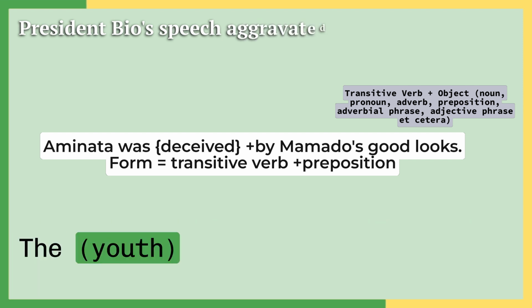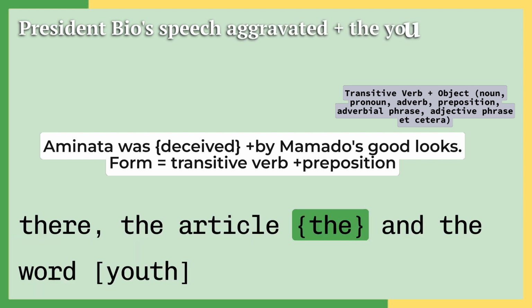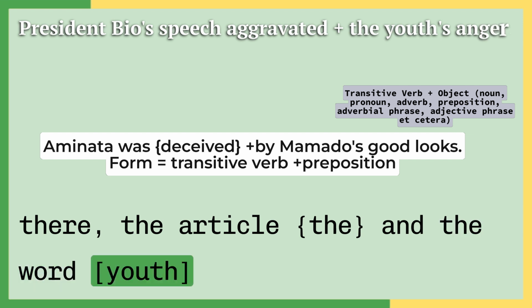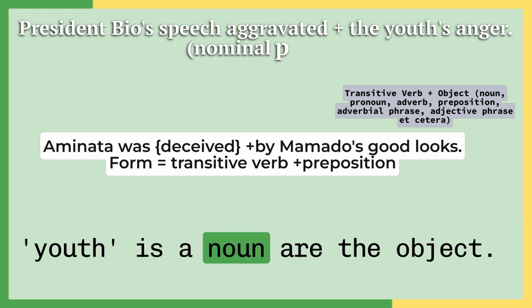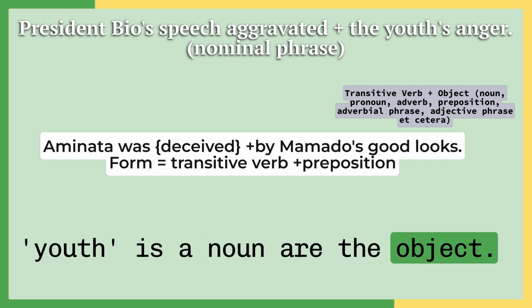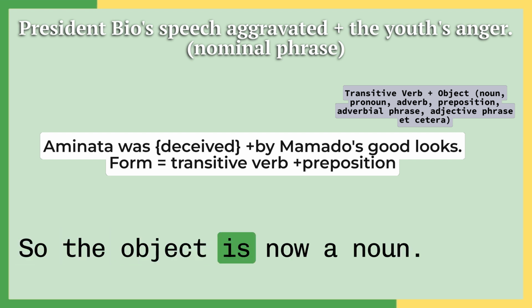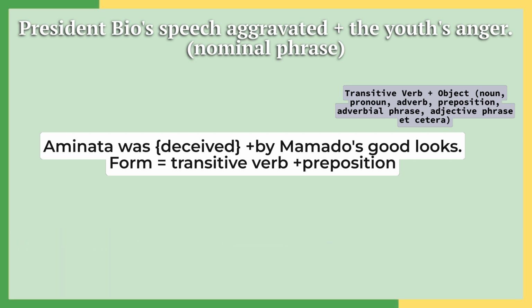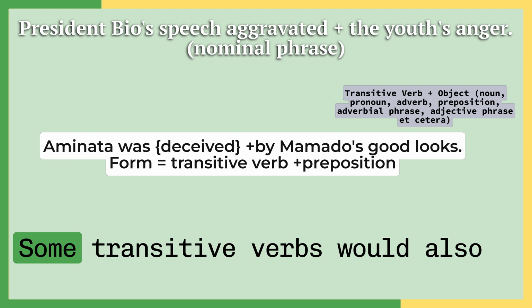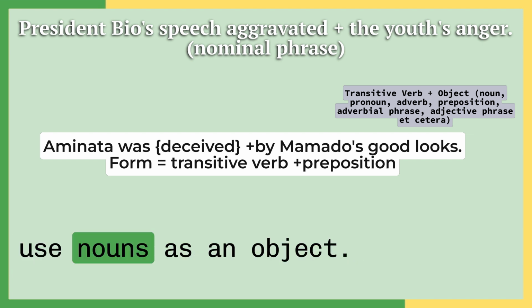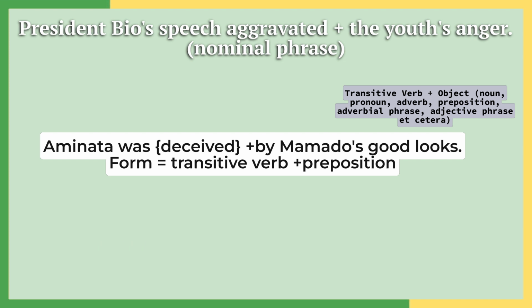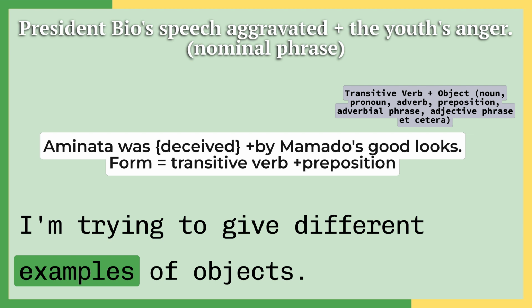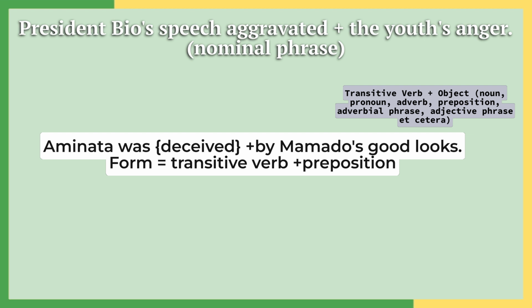The youth there, the article the, and the word youth is a noun, are the object. So the object is now a noun. Some transitive verbs would also use nouns as an object. I'm trying to give different examples of objects.